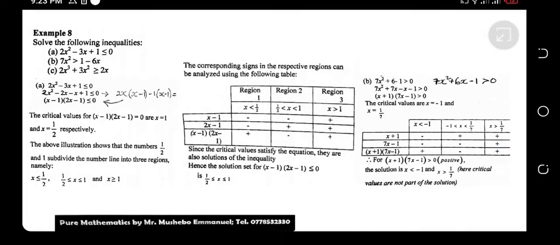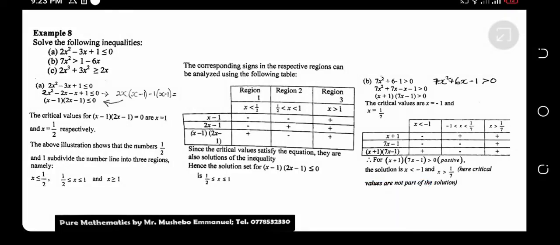But remember, this inequality has to be only a positive value. For that greater than 0, it means the answer has to be positive. So therefore, the solution set is x less than -1 and x greater than positive 1 out of 7.